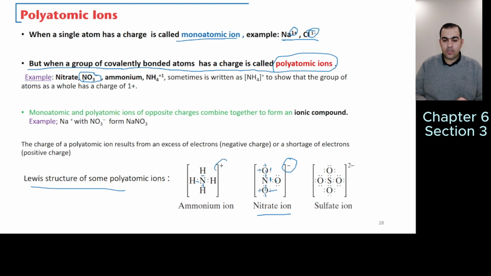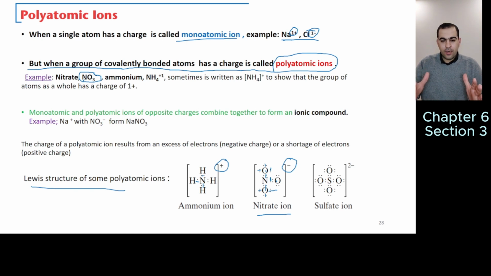It means one electron has been lost. This is called a polyatomic ion. The bond between these atoms, this group of atoms, is covalent. But as a whole, one electron has been gained, two electrons or more, or an electron has been lost, like that.